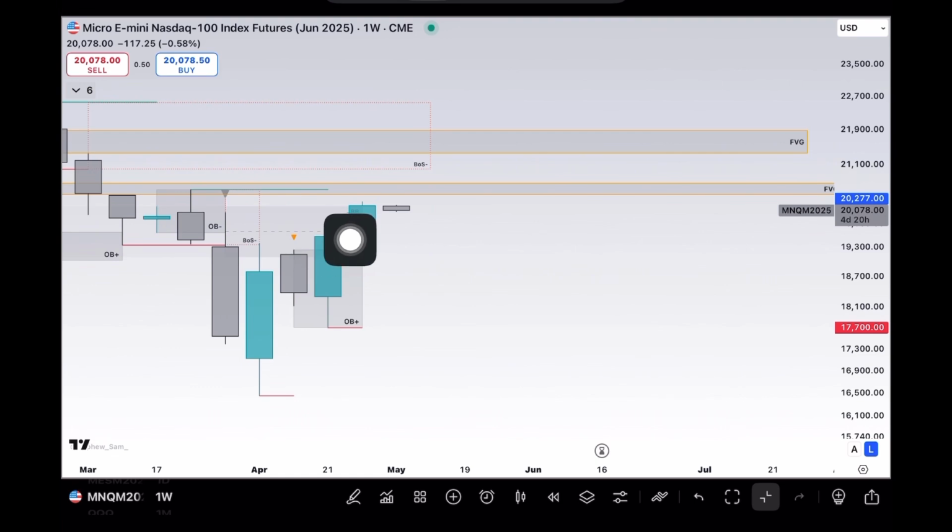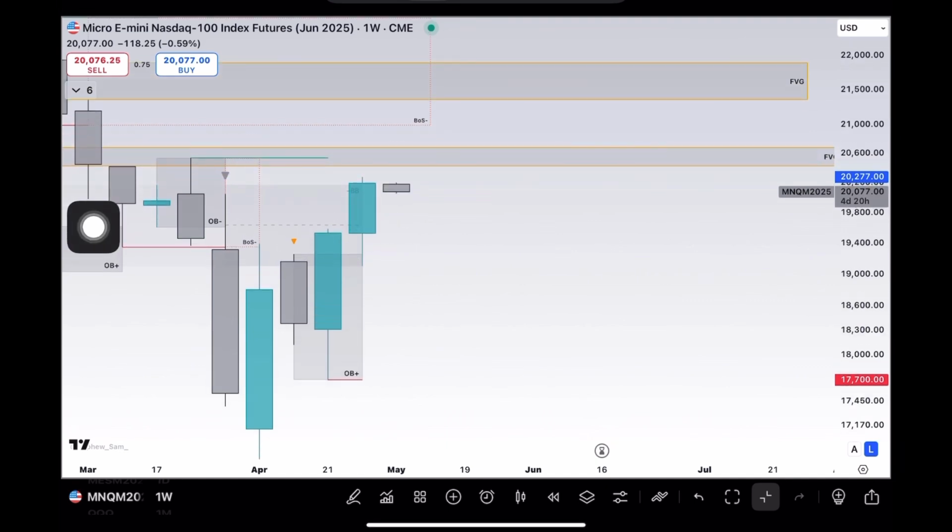So we did get the retracement into the order block, and price did trade up. We are currently sitting in a breaker block and a bearish order block, but we still have this liquidity to possibly sweep, and then I would expect some retracement.